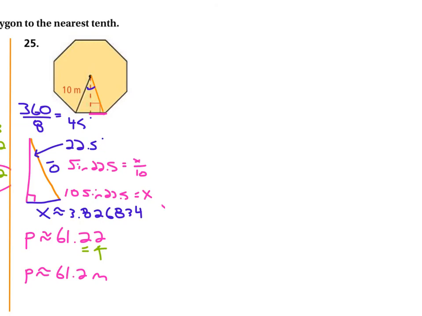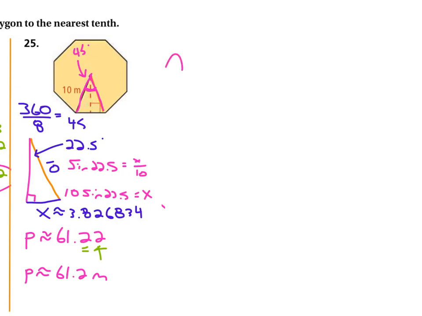What you might be able to see is that we've got this triangle right here. Look at the original diagram. We've got these two sides, each of 10, and we know that the angle in between them is 45 because that's how it splits up when we split 360 degrees into 8.